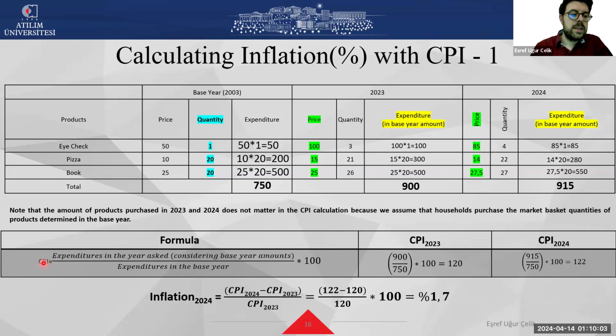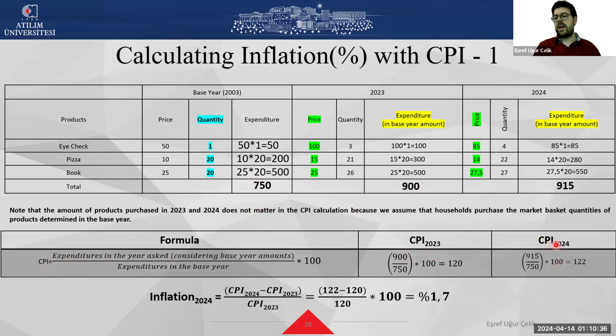For calculating the CPI, we take the expenditure in what year I asked to you, divided the base year expenditure. For example, CPI 2023, first, we take the what year I asked to you. I asked the year of 2023, so we take the 900 divided the base year expenditure. And base year expenditure is over there, 750.